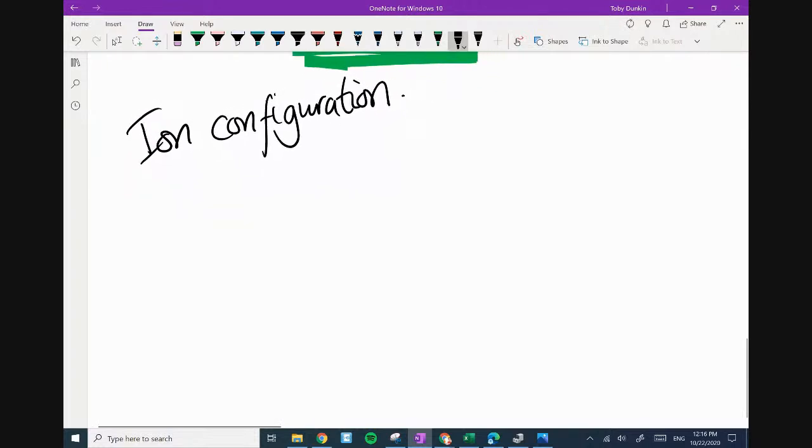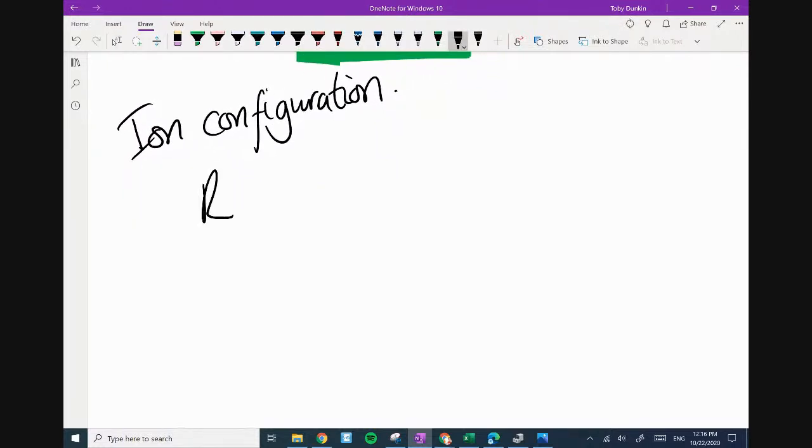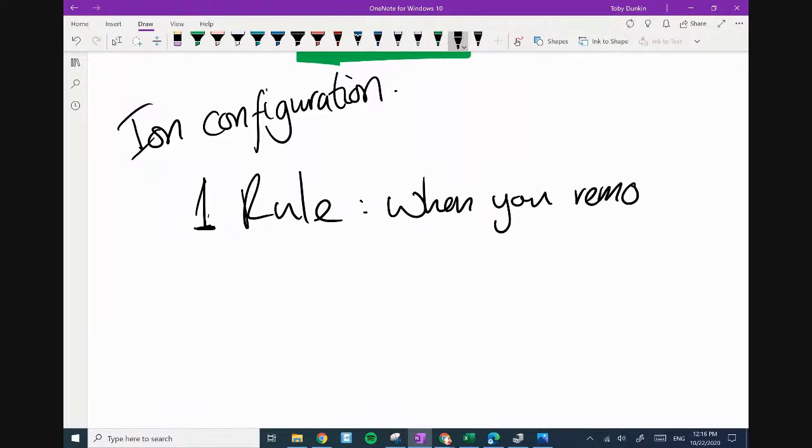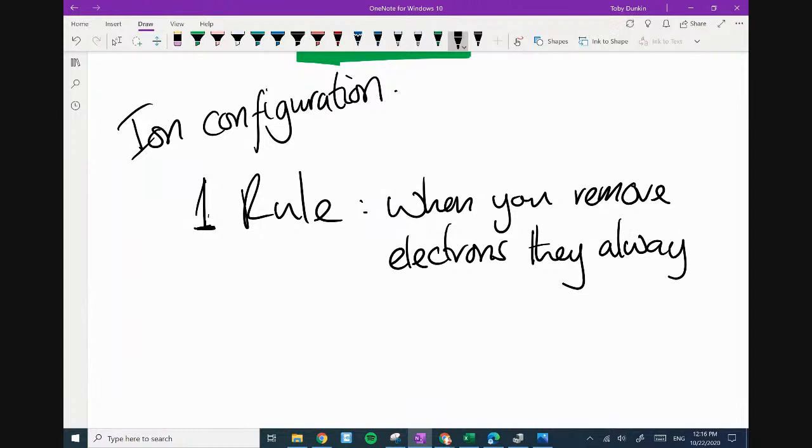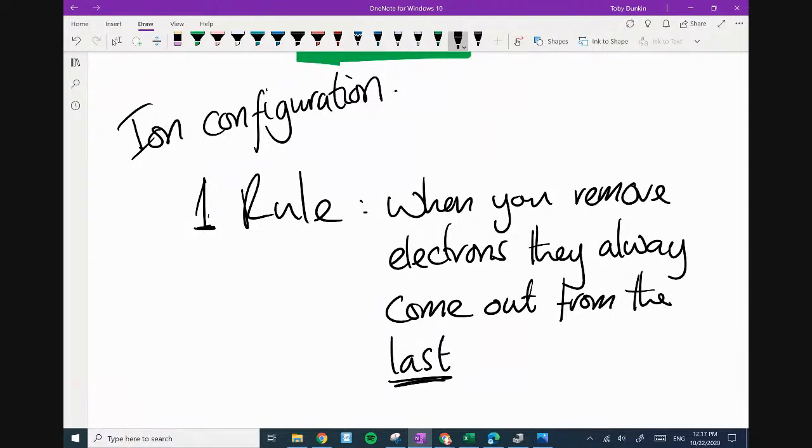Okay, ion configuration. So, there's only one rule. One rule to rule them all. See what I did there? One rule: when you remove electrons, they always come out from the last big number.